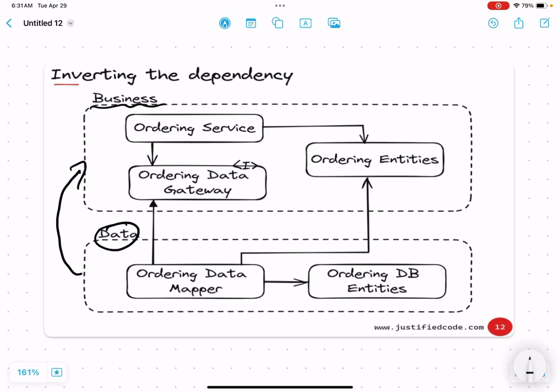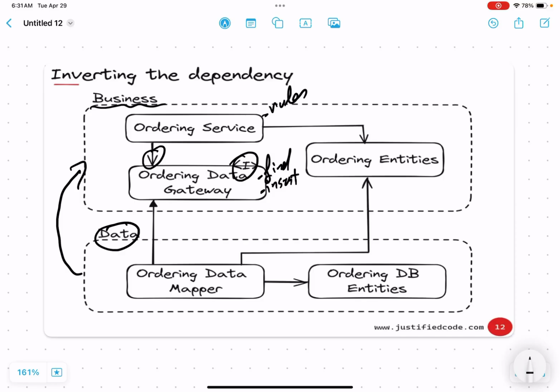Our ordering service still has its rules implementation, but now it depends on the interface that has the find and insert method, but this interface now resides in the business layer, not in the data layer.